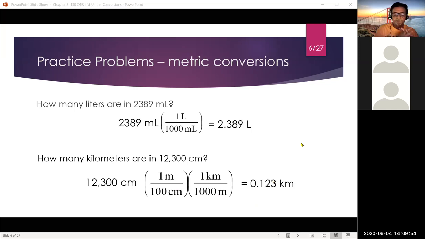And so I get 0.123 kilometers. So if you're setting up your problems with these factors, checking the units, and then doing the math, look at the answer. Does that answer make sense based on the mathematics that I did?